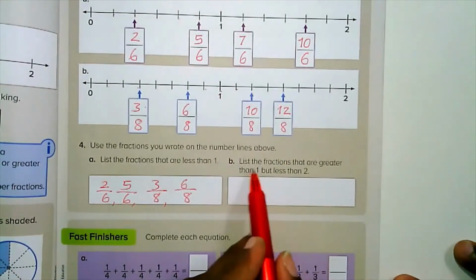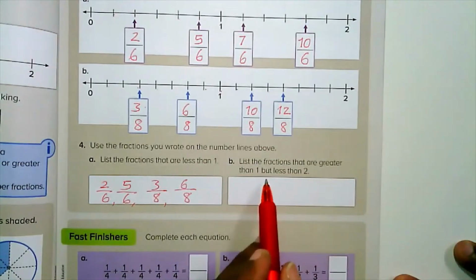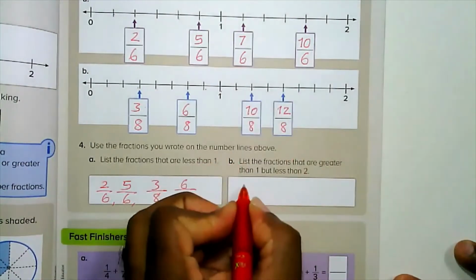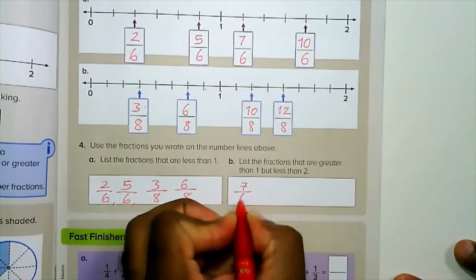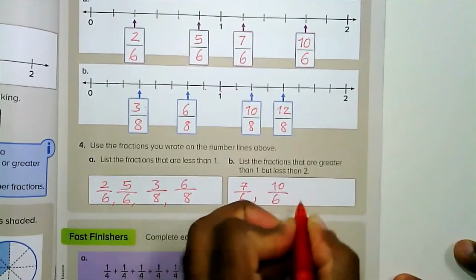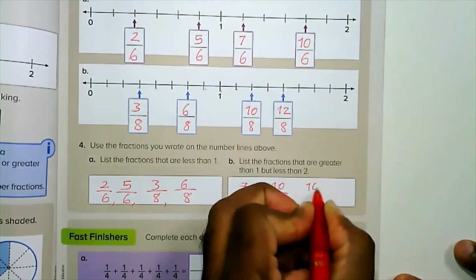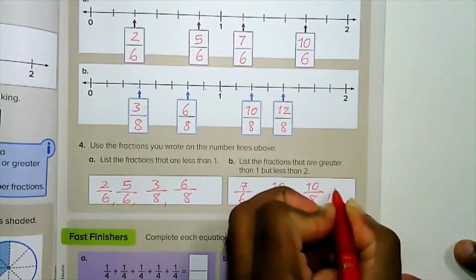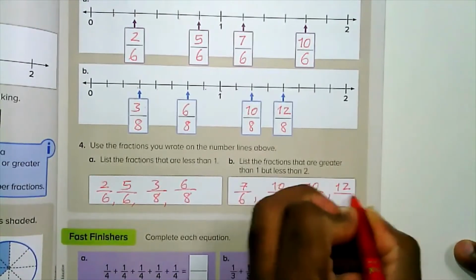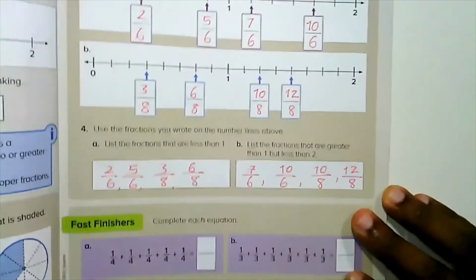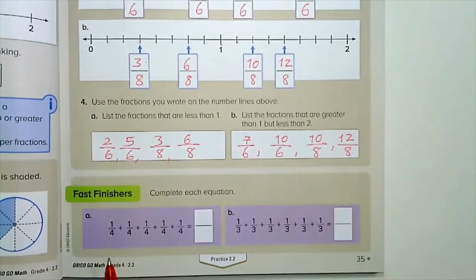So now part B, list the fractions that are greater than 1 but less than 2. So we have 7/6, 10/6, 10/8, and 12/8. Now for the fast finishers, complete each equation.